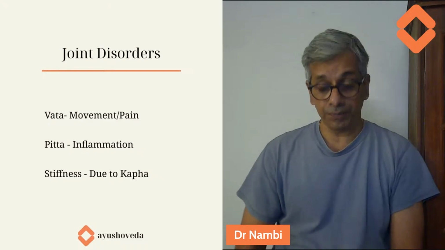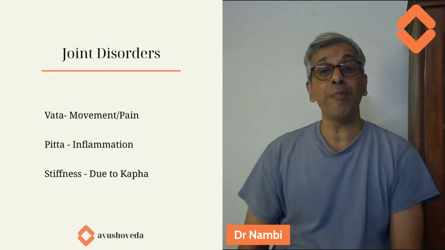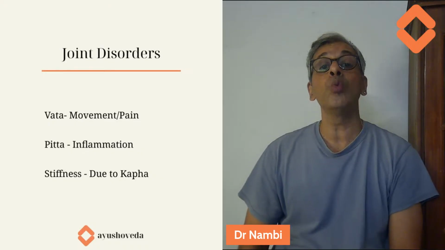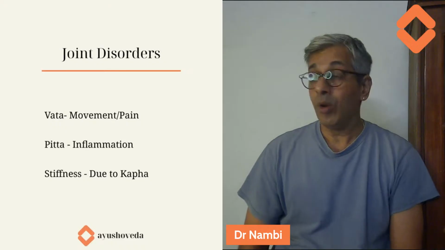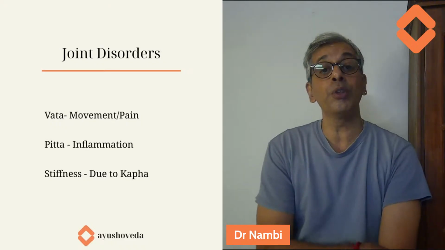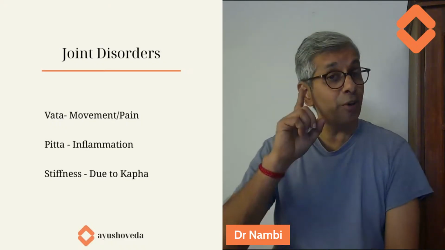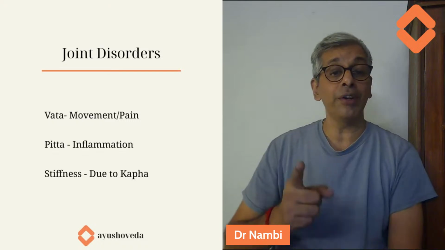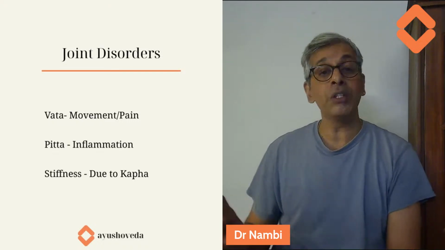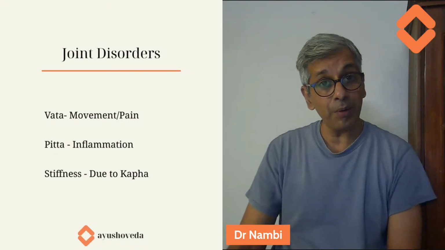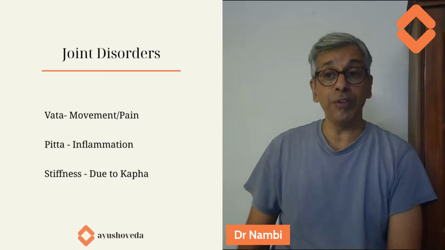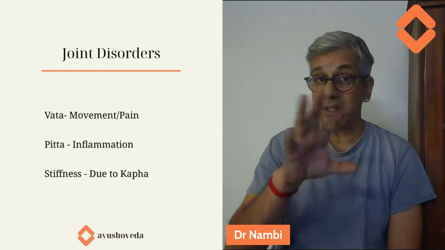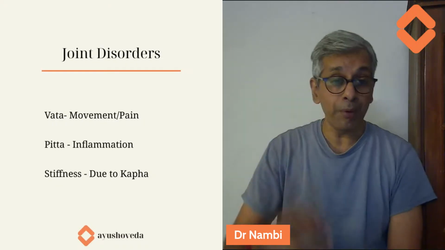In Vata, you generally have problems with movement and you will have pain. When you have too much Pitta, you have inflammation. You will probably see redness of that portion, and you'll also feel heat in that place. That is when you have Pitta predominance.